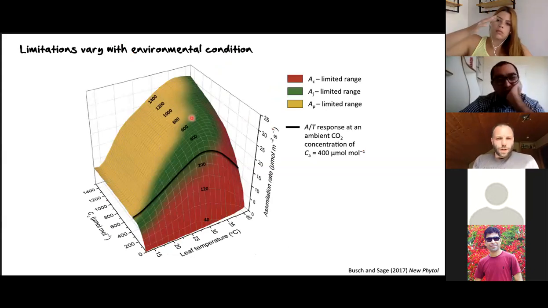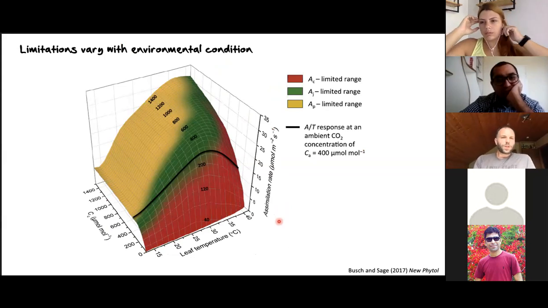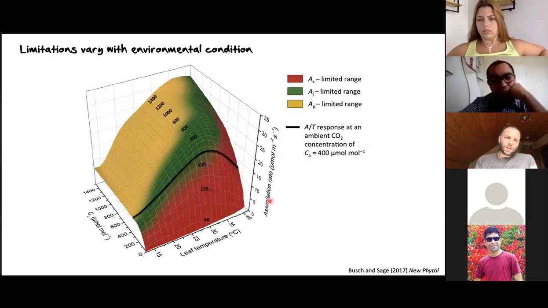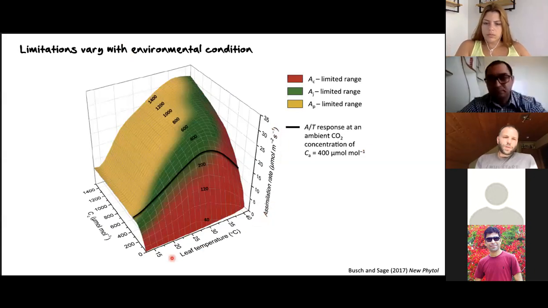So a few years ago, I worked on this, trying to map out under which conditions you get what limitation. So here I've plotted the assimilation rate of a plant relative to leaf temperature and CO2 concentration. And you can see that depending on where on the surface you are, you end up with the different limitations, which are color-coded in the same colors.